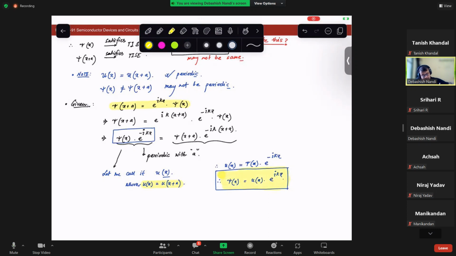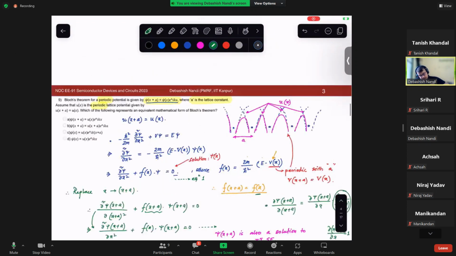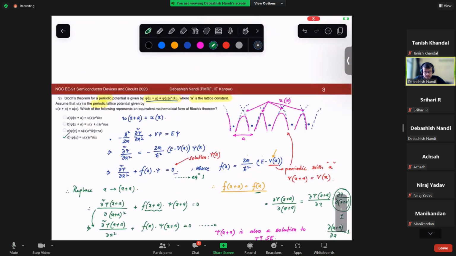So this is called Bloch's theorem. So your D would be the right option. Fine.